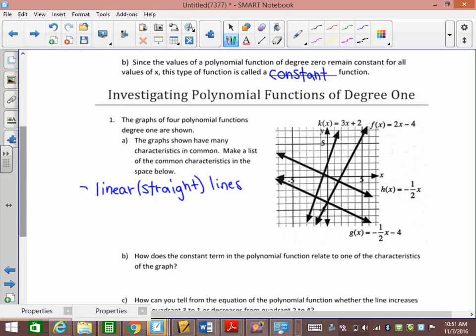What else do they have in common? Think about domain, range, x-intercepts, y-intercepts. They're continuous, which means what? What about the domain? The domain of every linear function is x an element of the reals, because the arrows are going outwards. The arrows are also going up and down forever.